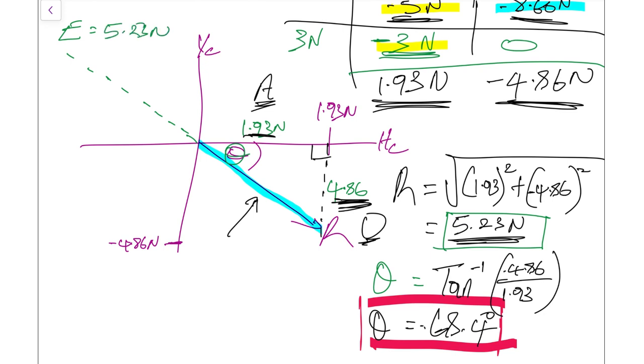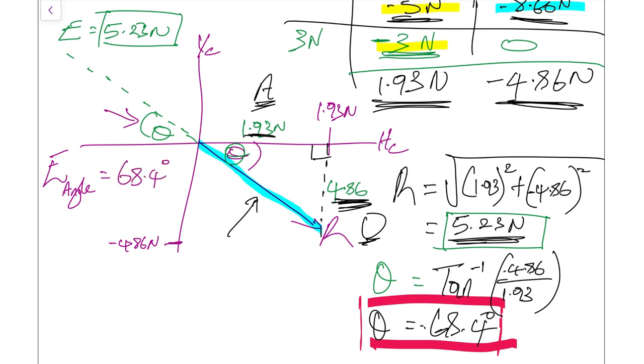And then the angle right here is also going to be the same, which is our vertically opposite angle. So this angle right here for our equilibrium force, I'll just put E angle, is the same as our angle there for resultant.